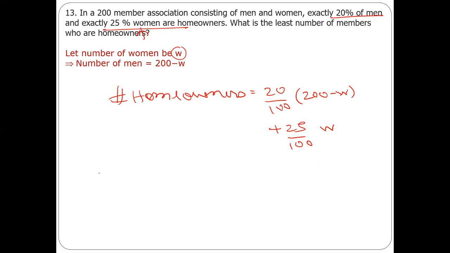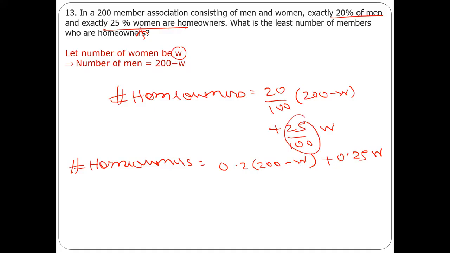Correct? So which means number of homeowners is how many? Basically 20% is 0.2 into 200 minus W plus 0.25 W, right? So this would be 40, am I correct?